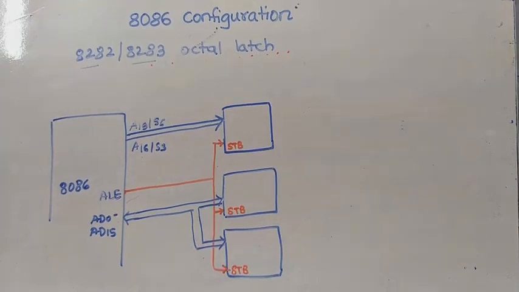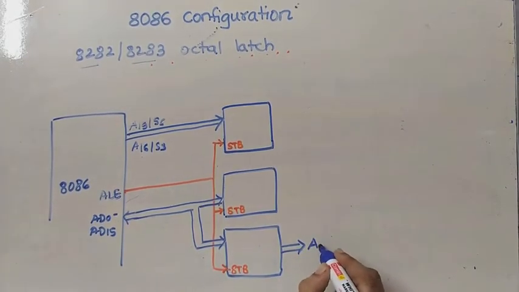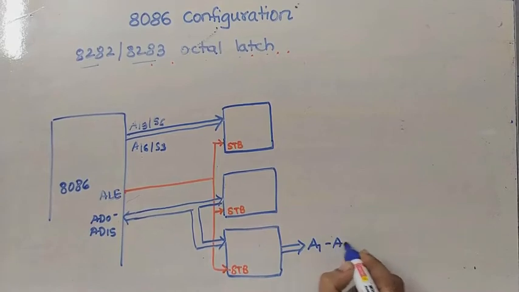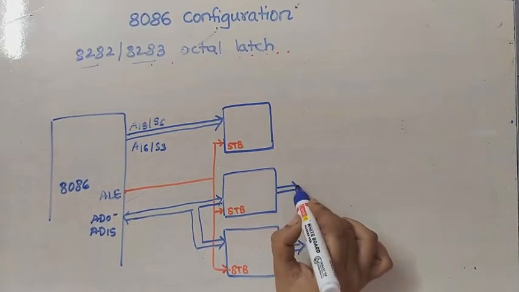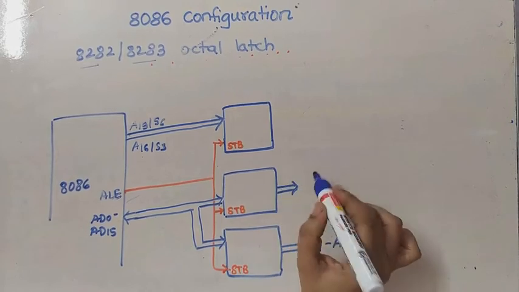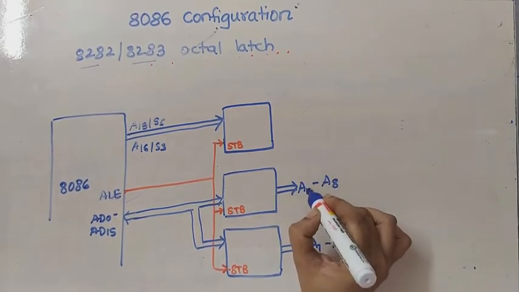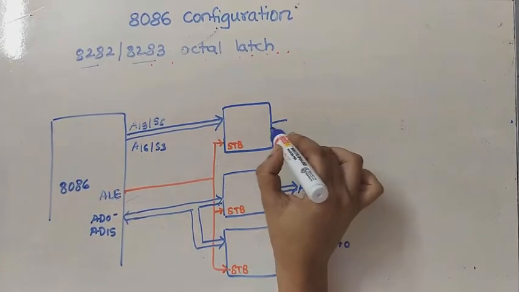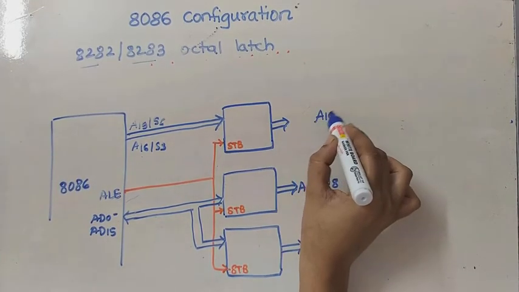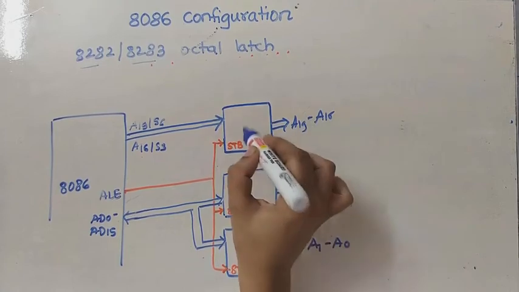So here we'll get the latched address from A0 to A7. With the help of this, we'll get the latched address from A8 to A15, and the remaining address, that is A16 to A19, is given by this octal latch.